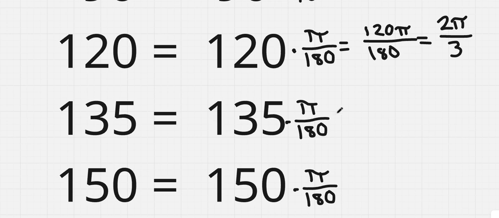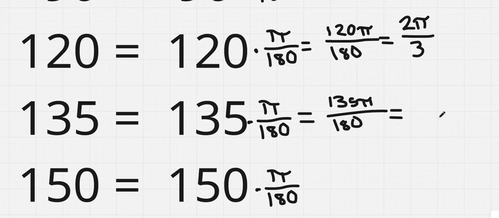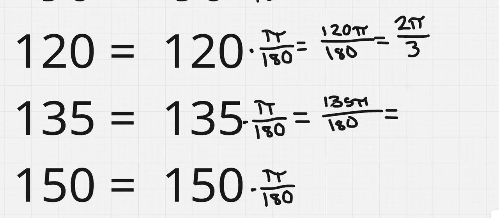Next one, 135. 135 converted to radians is going to be 135 pi over 180. And the greatest common factor of 135 and 180 is 45. 45 goes into 135 3 times. 45, 90, 135.